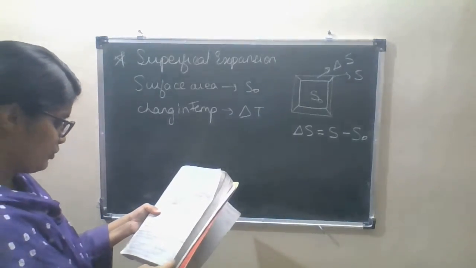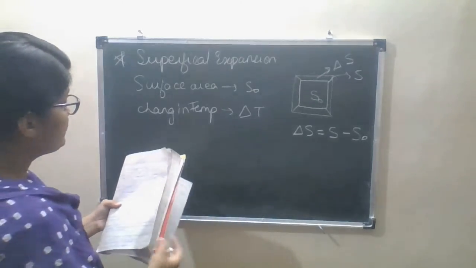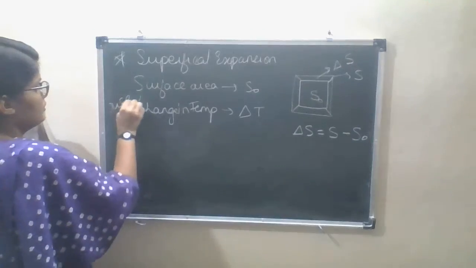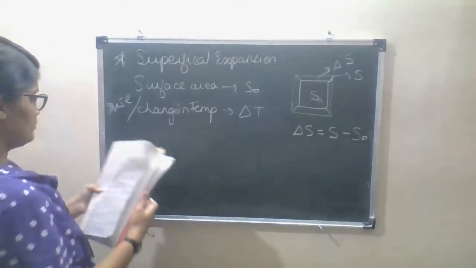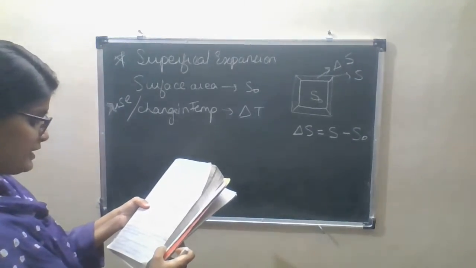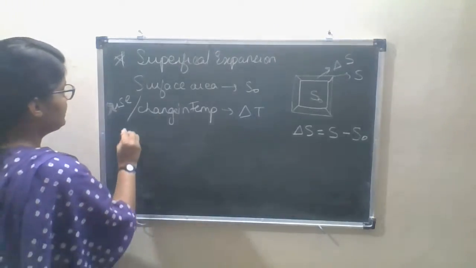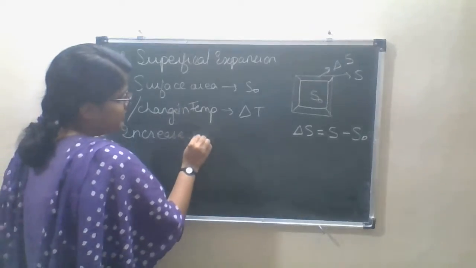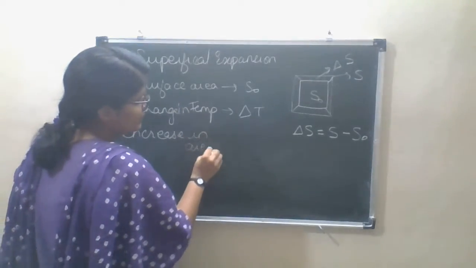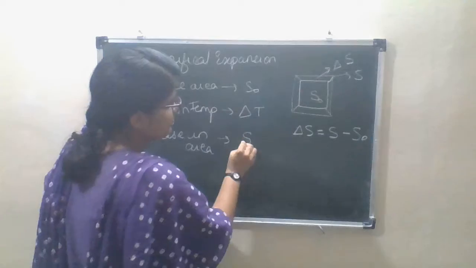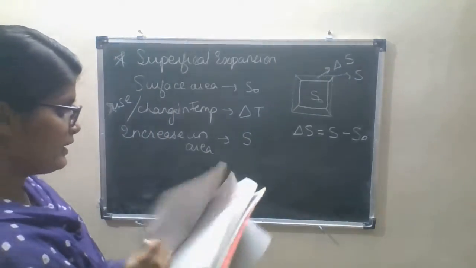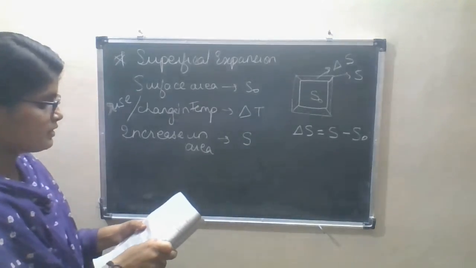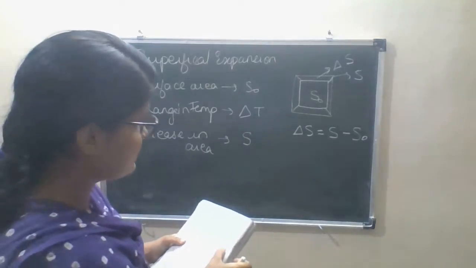Then next is the change in temperature or the rise in temperature. Use any one of the words, the meaning is the same over here. Let the surface area be increased to S. So the increase in area is given by capital S. Next, let delta S be the increase in the surface area.